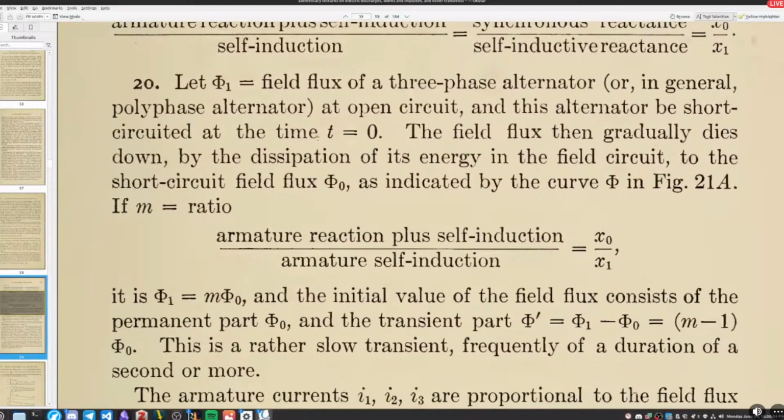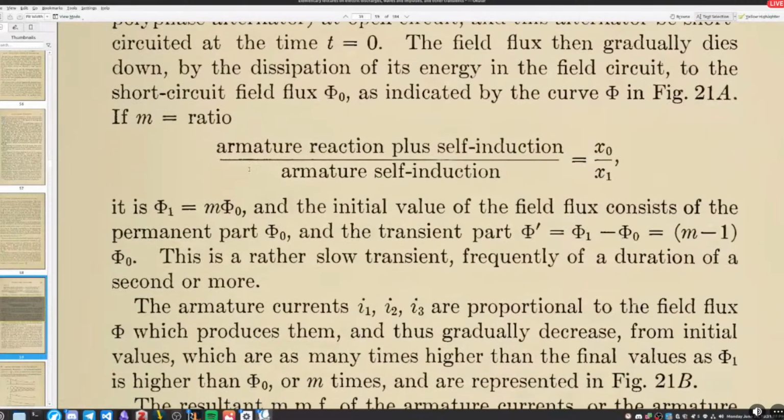Let phi 1 be the field flux of a three-phase alternator, or in general a polyphase alternator, at open circuit, and let this alternator be short-circuited at time t0. The field flux then gradually dies down, by dissipation of its energy in the field circuit, to the short circuit field of phi 0, as indicated by the curve phi shown in figure 21a.